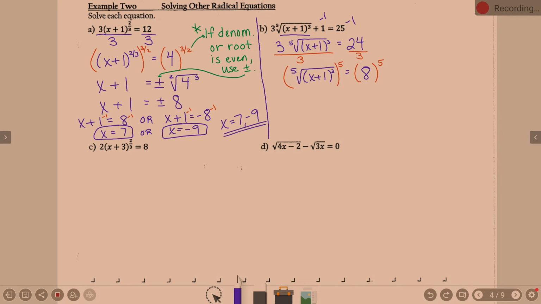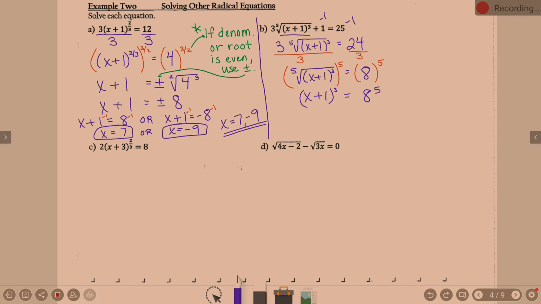Okay, on the left, I have the fifth root raised to a power of 5. Now you just have x plus 1 to the power of 3. Okay, we have whatever's left under that radical, which was x plus 1 to the power of 3. You have 2 options here. You could actually leave it as 8 to the 5th for the moment, or you can let your calculator do the work on whatever 8 to the 5th is.